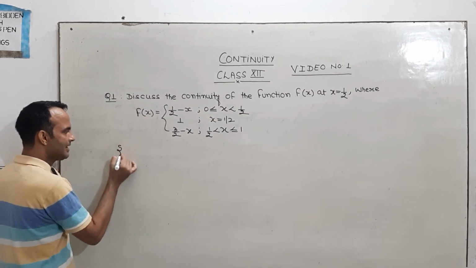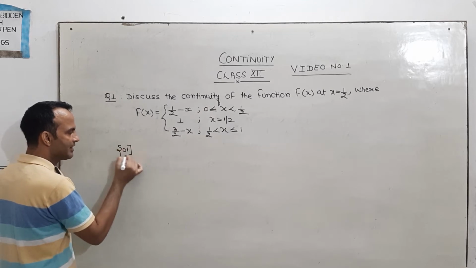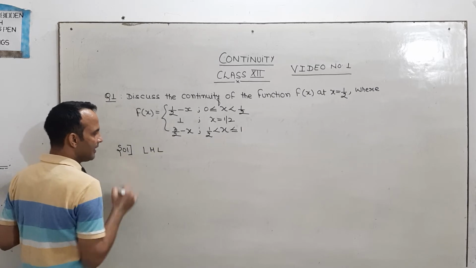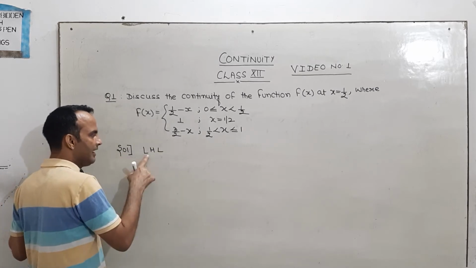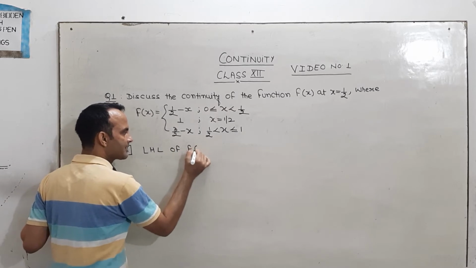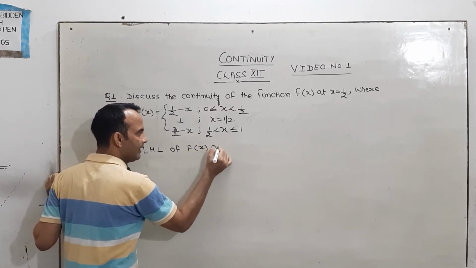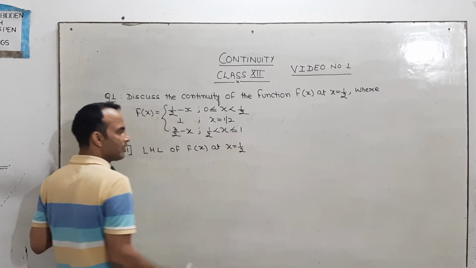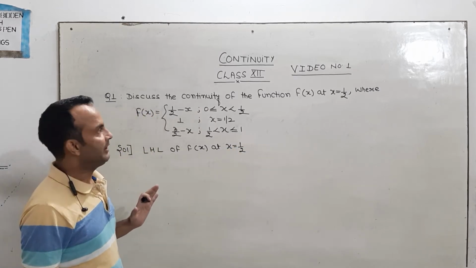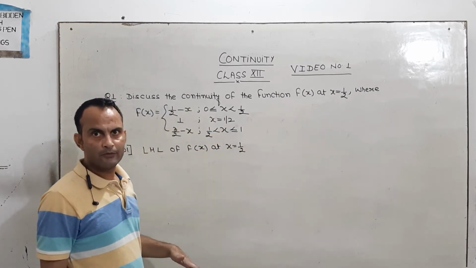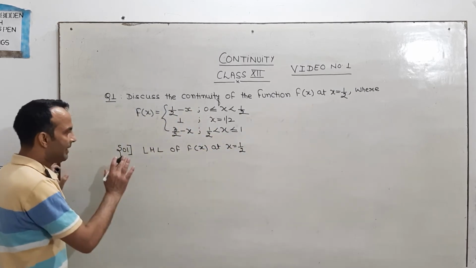So my dear students, you have to perform in this way. Write first LHL, left hand limit of f(x) at x equal to half, because we have to discuss the continuity at x equal to half. You have to follow the pattern.